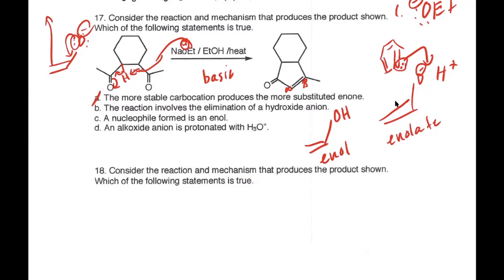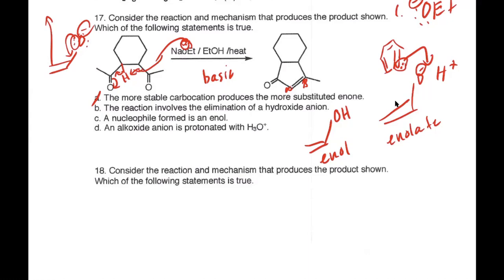And so then it says an alkoxide anion is protonated with H3O plus. Do we have any H3O plus? Do we just assume that H3O plus is present? But no. Definitely not. Basic conditions. Definitely not, because they give you the conditions, and we know from the conditions that it's basic.